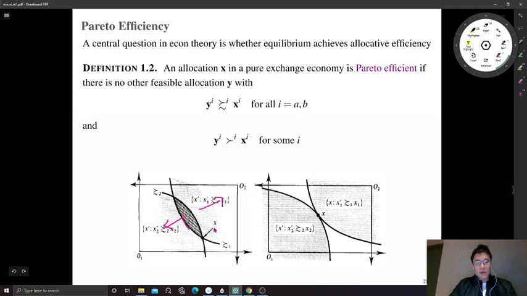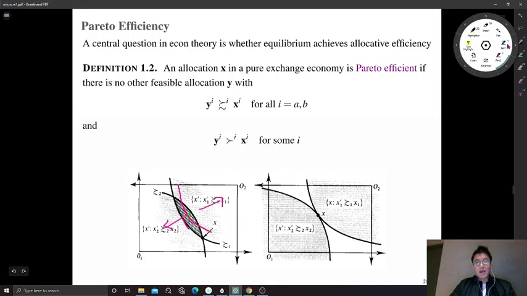And to see why this allocation is not Pareto efficient, think about one allocation inside the lens. So let's consider this allocation. All right. So if we move from allocation X to, let me call this allocation Y. So by moving from X to Y, we can make consumer A better off, because now the new indifference curve passing through allocation Y is above the previous consumer A's indifference curve.